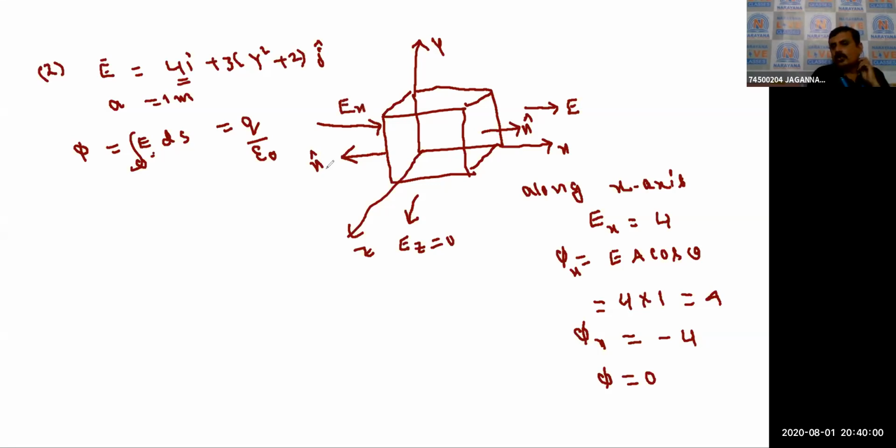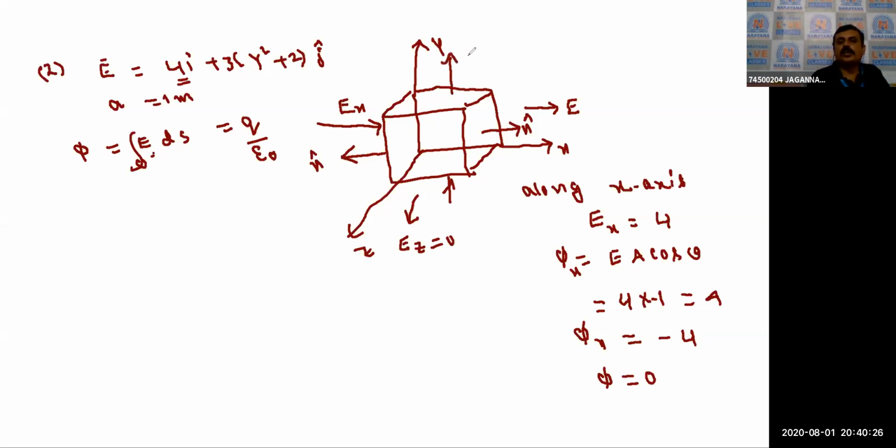So for these two we get 180 degrees, and here we get 0 degrees. So this is 4, and this is 4 times minus 1, so minus 4. So total flux is 0. Now if you take this, this is the upper surface and this is the lower surface. The electric field enters like this and emits like this.